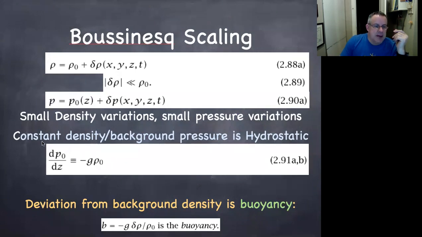So the background pressure is going to be hydrostatic, so that dP0/dz minus g rho naught gives you this P naught, and the deviation from the background density, this guy, gives us the buoyancy, which is, if you multiply by a g, the variation in density divided by the background density. This object has the units of acceleration, and it appears in the equation in a really convenient way.